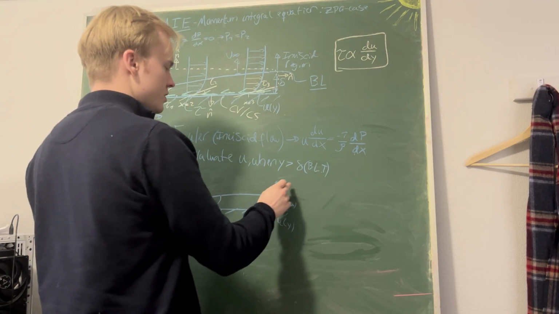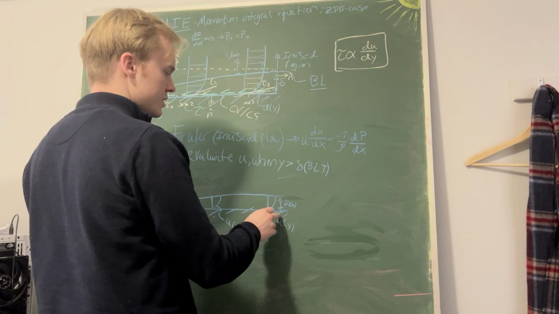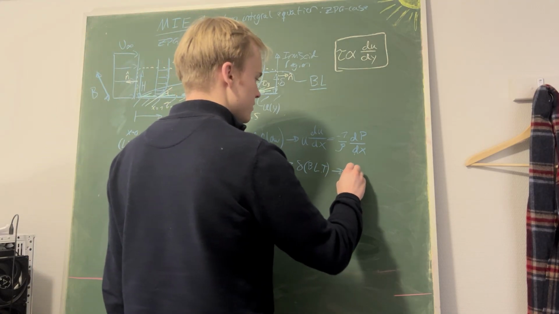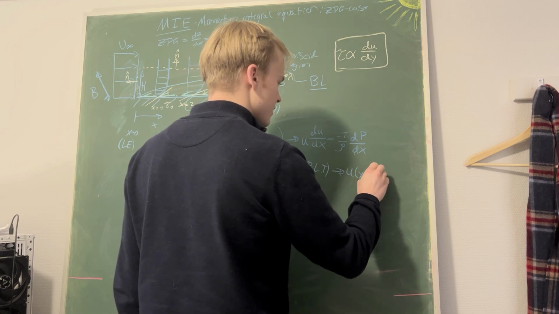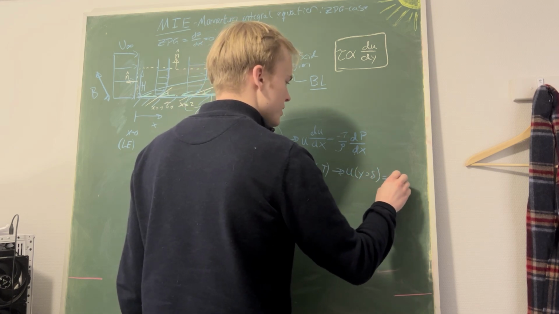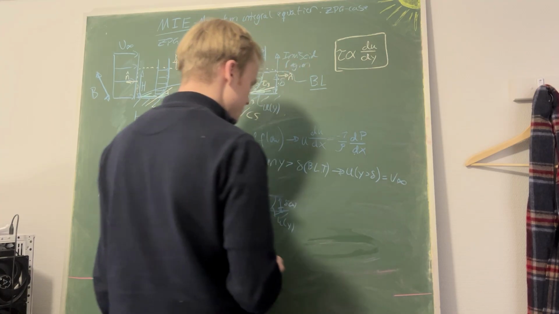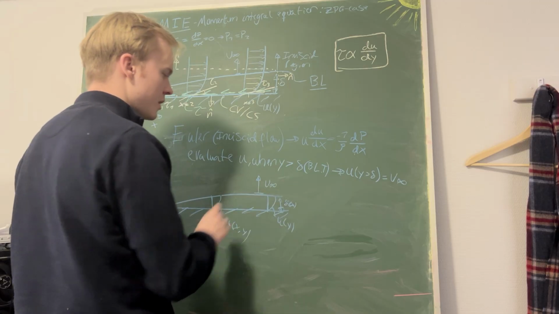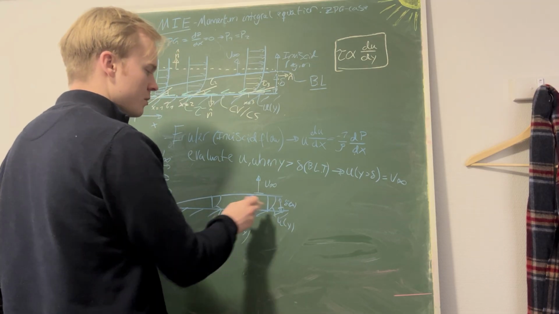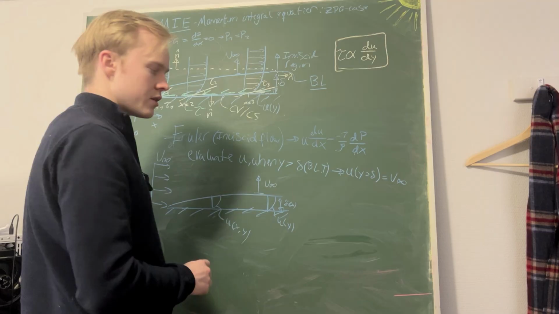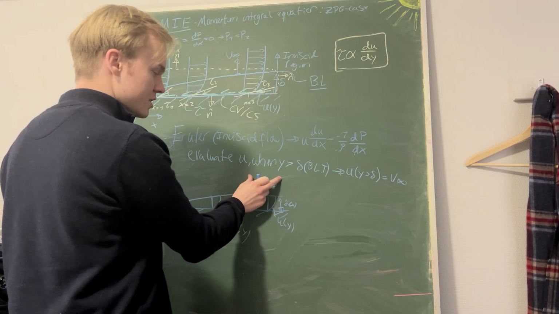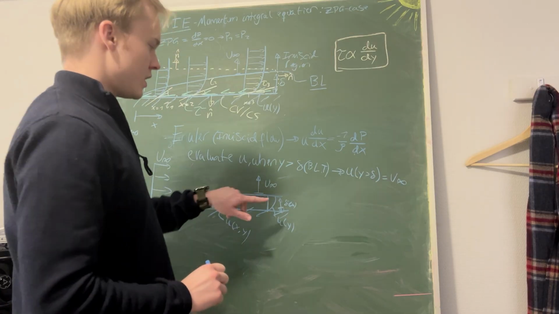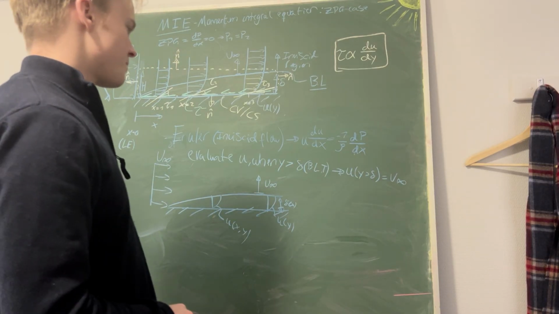Well, when y is bigger than delta, u of y is going to be u infinity. Because we know that we have u infinity over the boundary layer, and we have u of y beneath or up to the boundary layer. Remember, this is the inviscid zone over the boundary layer. This is the viscous zone in the boundary layer, okay?